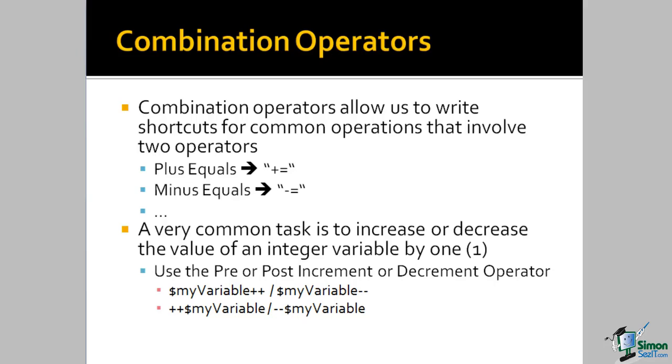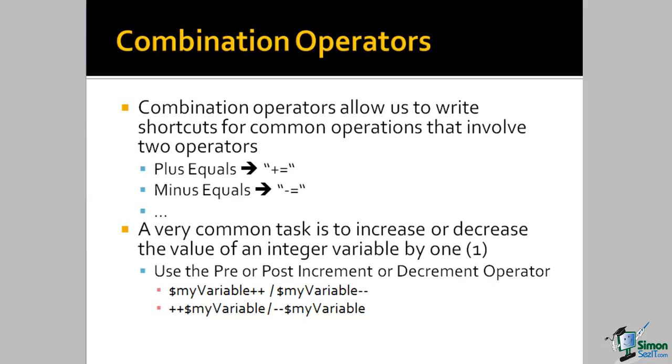Now, having the plus plus or the minus minus, the minus minus subtracts 1 from the variable. But having them at the end of the variable name says, hey, use the value that the variable currently has in whatever you're doing, and then add 1 to it or subtract 1 from it. But use the current value first. Putting the plus plus or the minus minus before the variable name says, hey, change the current value first.